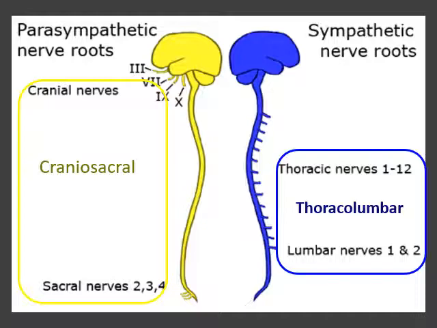About 75% of all the parasympathetic nerve fibers are in the vagus, the 10th cranial nerve, passing to the entire thoracic and abdominal viscera. The sacral outflow supplies the pelvic viscera via the pelvic branches of the second, third, and fourth sacral spinal nerves.